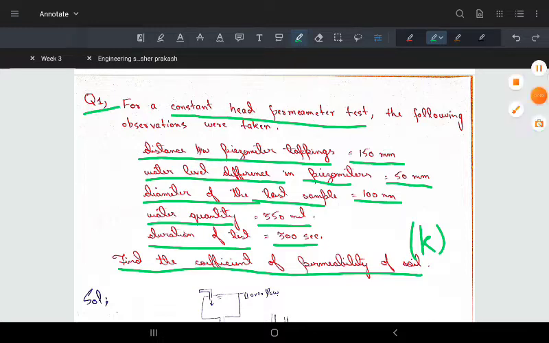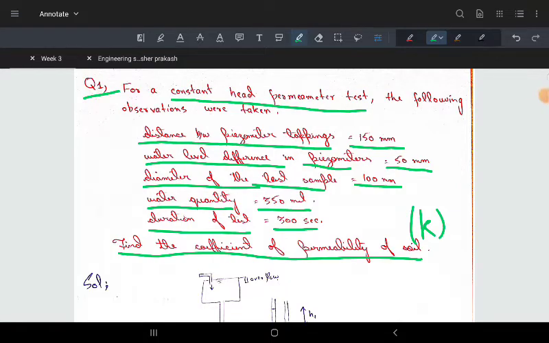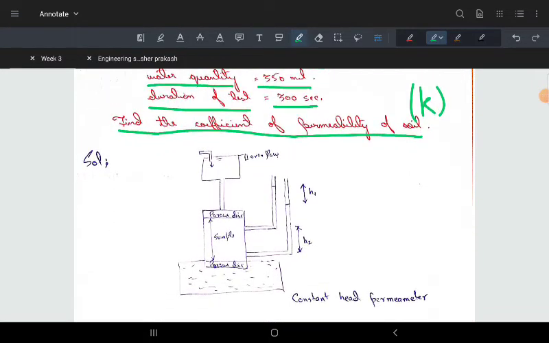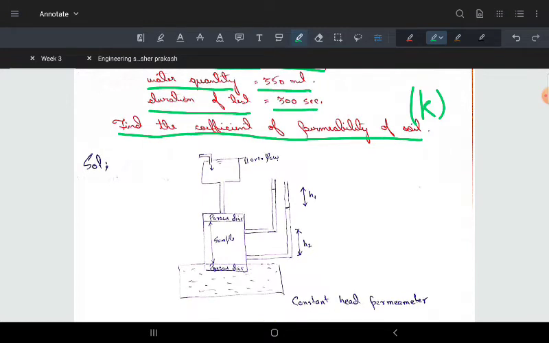So how to find that? Based upon the test, we have different equations here. Let me explain this constant head permeameter test. In the constant head permeability test, the head is kept constant. As you can see in this figure, this is the sample, this is the porous disc, upward and downward, this is the tank.